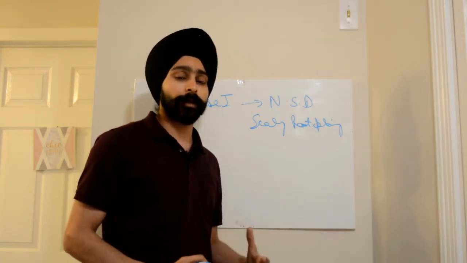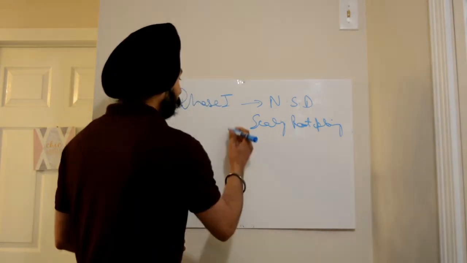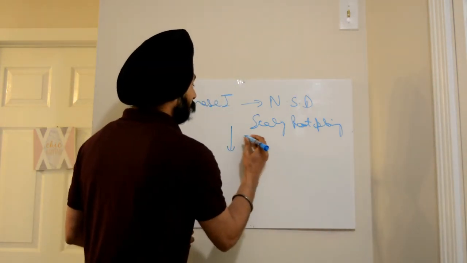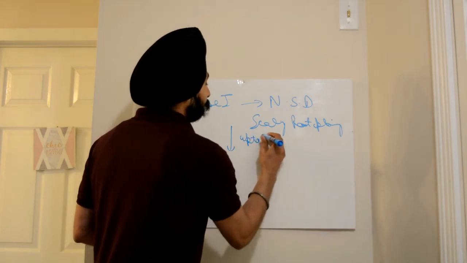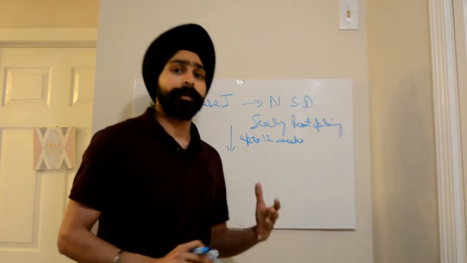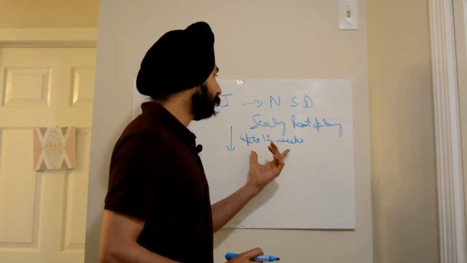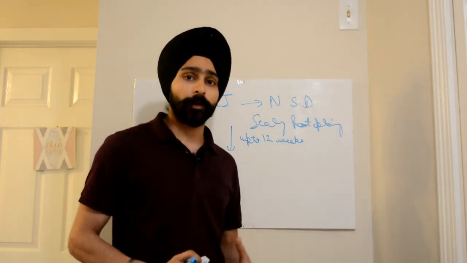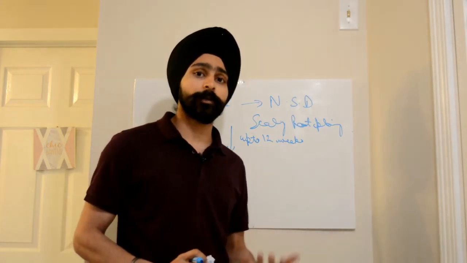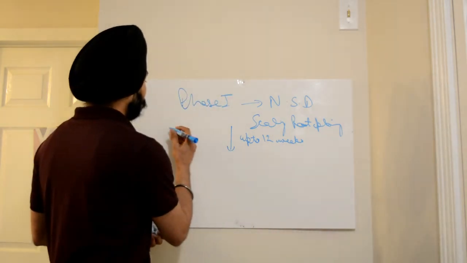Then he will put the patient into the evaluation phase. The evaluation phase is for up to 12 weeks. That is, the dentist decides whether the patient needs any periodontal surgery or not. Before he jumps directly to the perio surgery, he first puts the patient into the evaluation phase.